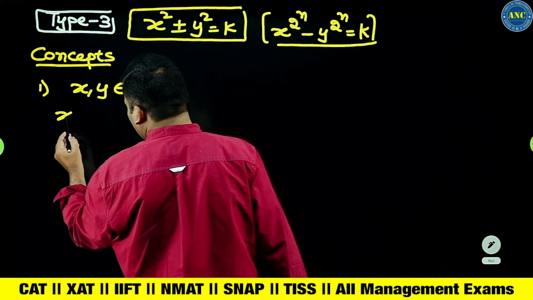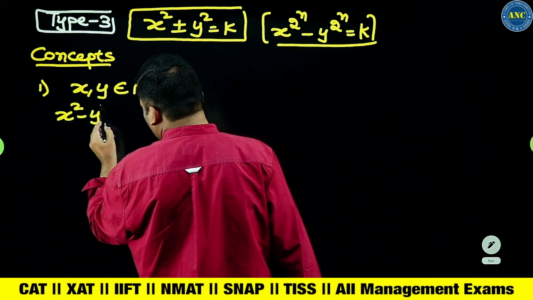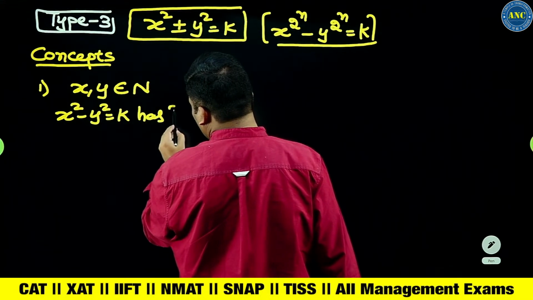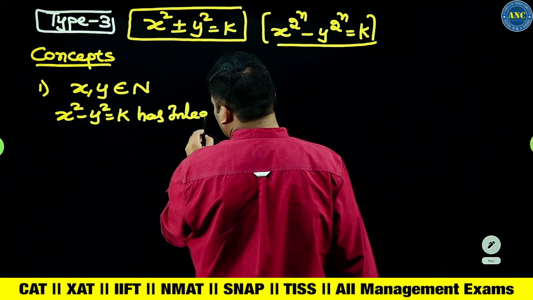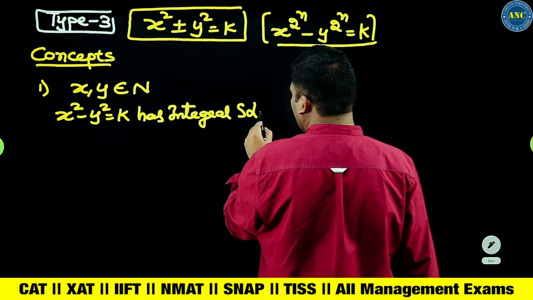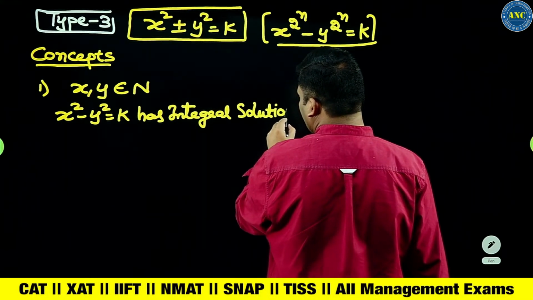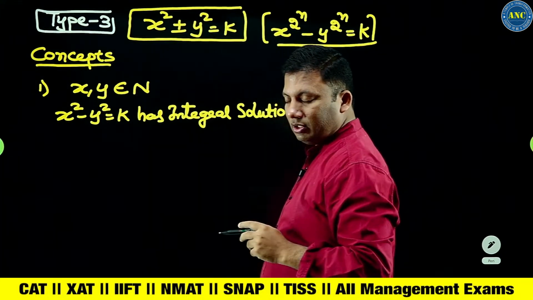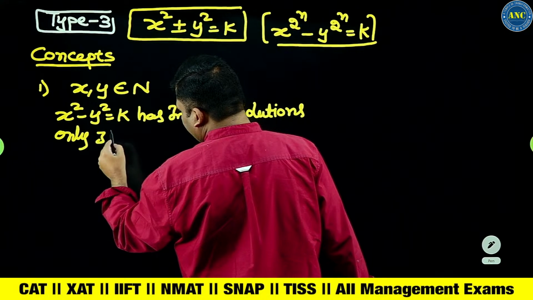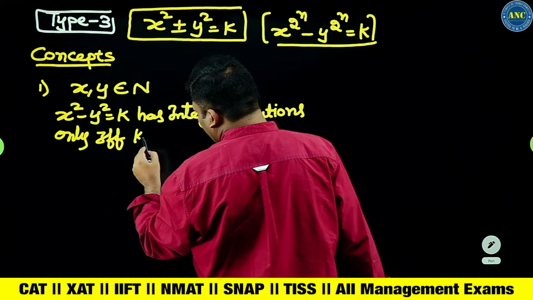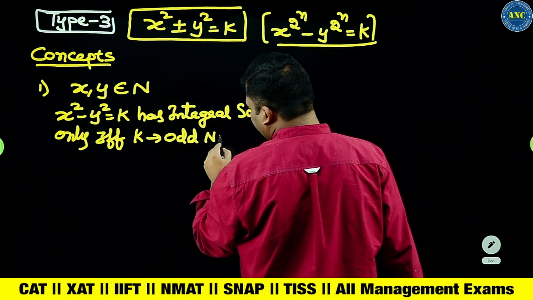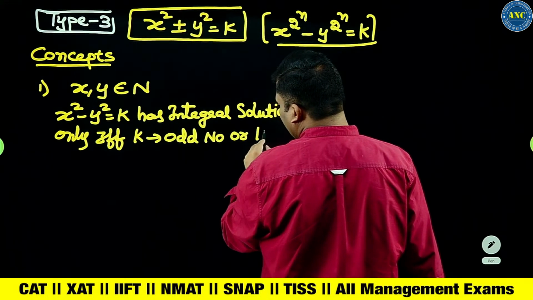First point, write down. x square minus y square is equivalent to k has integral solutions only if k is an odd number, or k is divisible by 4.